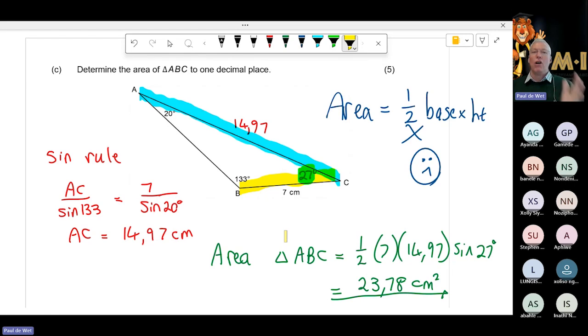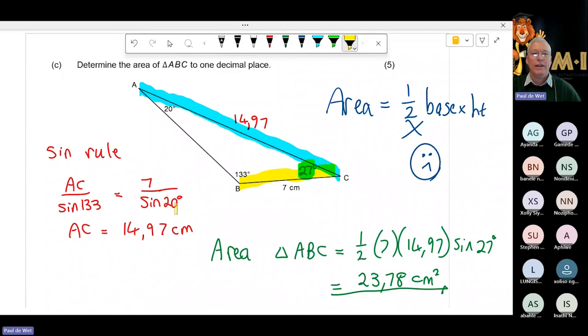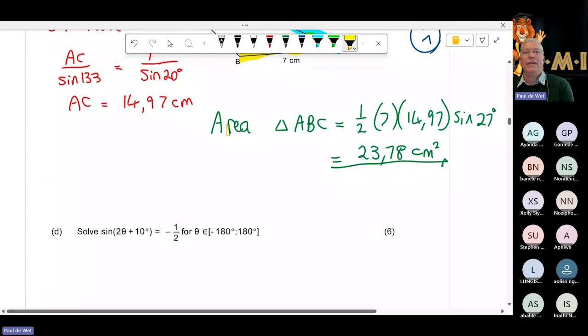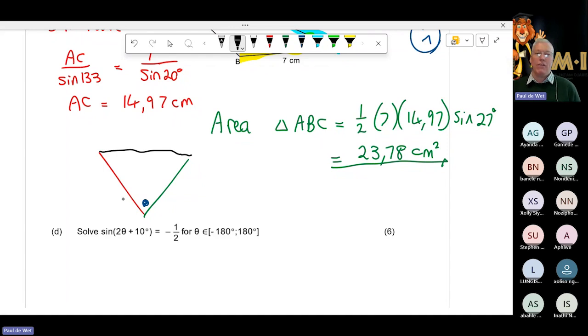The cosine rule, the cos rule, also works in that same arrangement. So in other words, if we've got a side and another side and an angle, then we can work out the remaining side using the cos rule, or we can work out the area using the area rule.